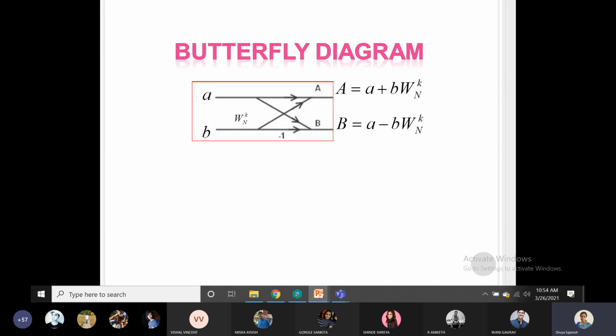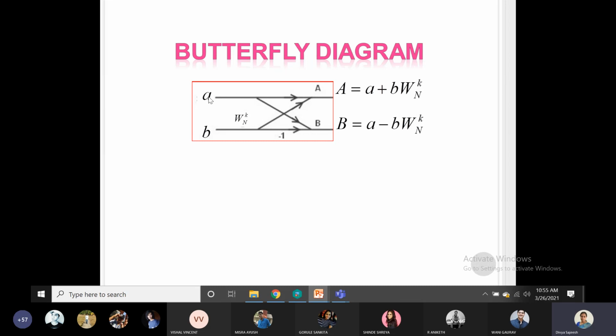This is like a signal flow graph, which you might have learned in networks. For each branch, you can see the arrow. Unless specified, we have to assume each branch magnitude as 1.